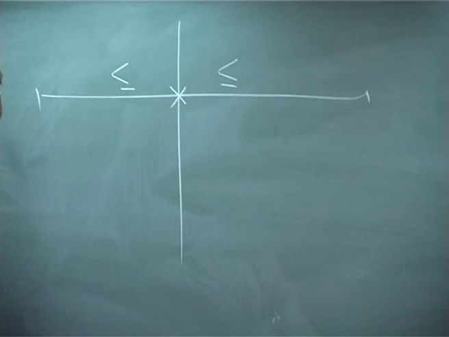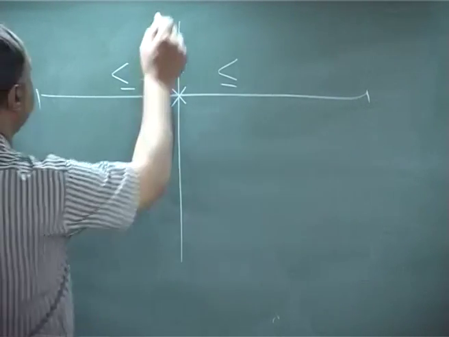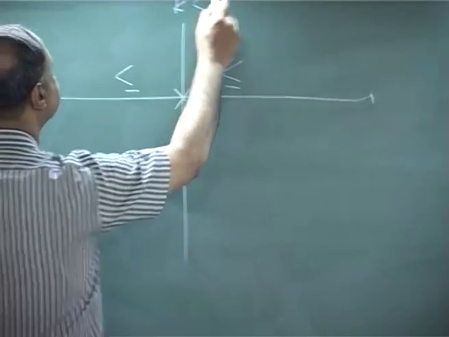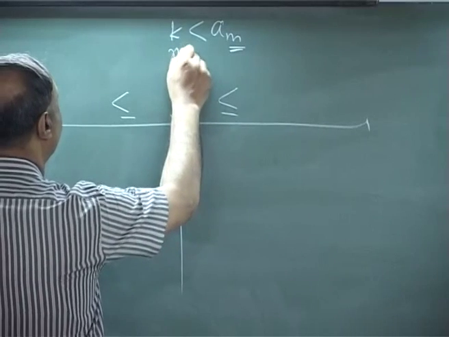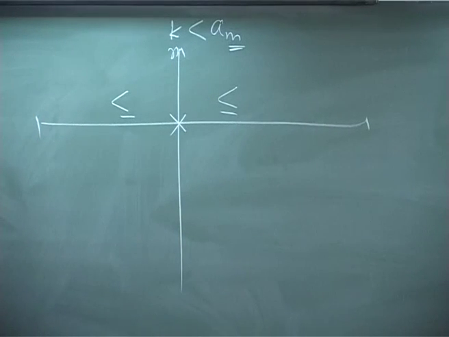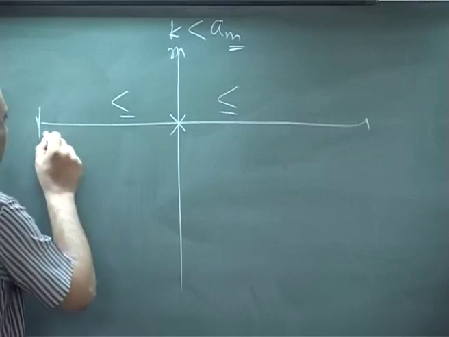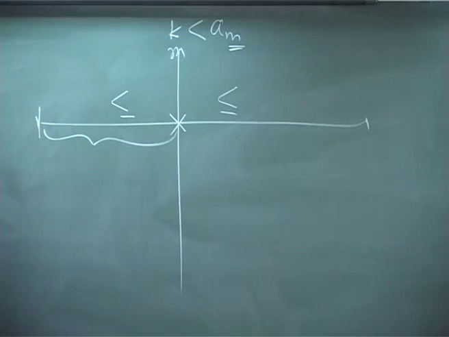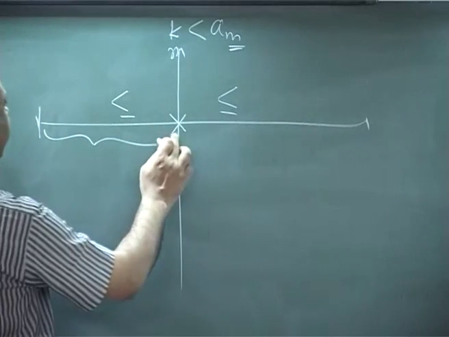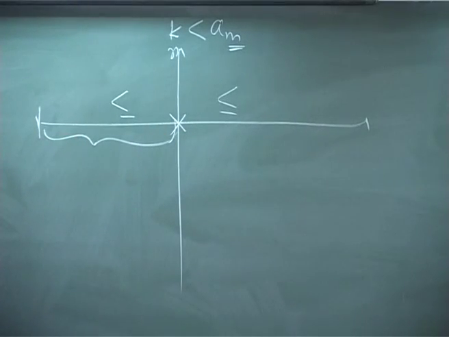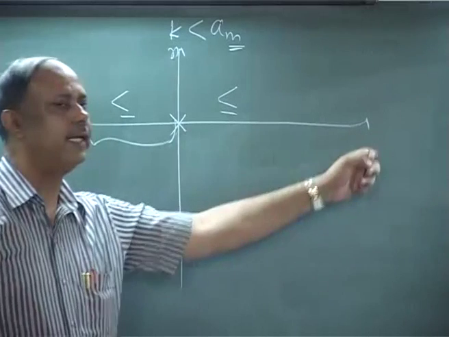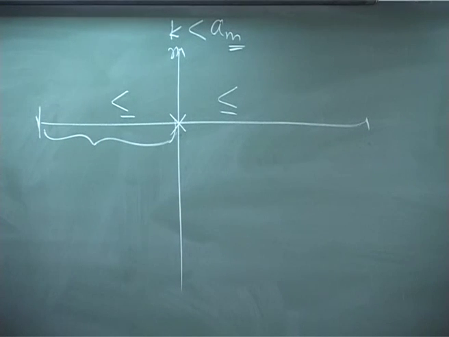Now if I find that k is less than am, where m is the middle element of the sequence, then if k exists at all, it will be lying here. So in that case, my searching zone will be reduced to this part, and we can easily discard all the elements on my right from my searching area.